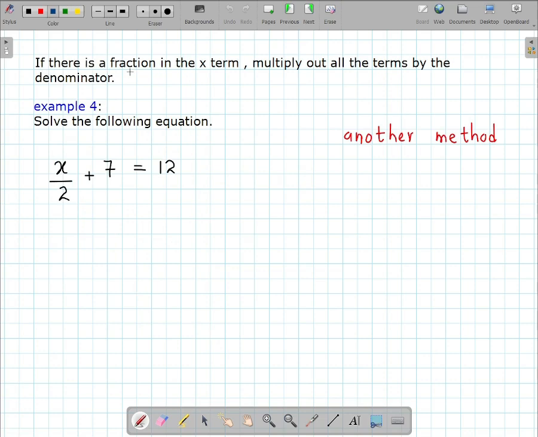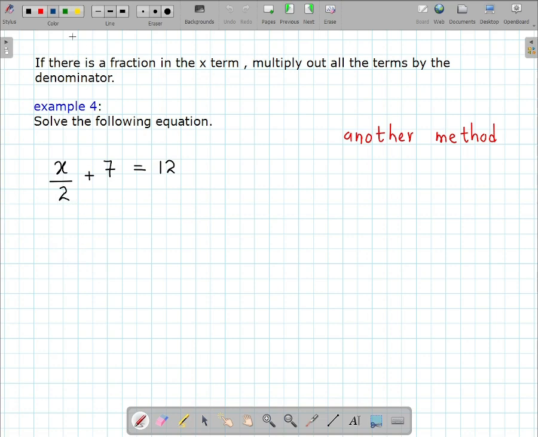If there is a fraction in the x term, multiply out all the terms by the denominator. Example 4: x over 2 plus 7 equals 12. So we have a fraction and we have denominator 2. So I'm going to multiply each and every term by this denominator.